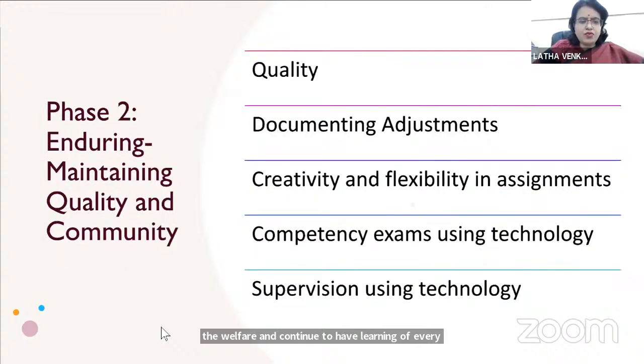And in phase two, what did we do? Enduring and maintaining quality and the community connectedness. So ensuring quality, we understood that the learning is going to be online, remote learning has to happen, but still how to ensure the quality. So we explored the methods of ensuring the quality.